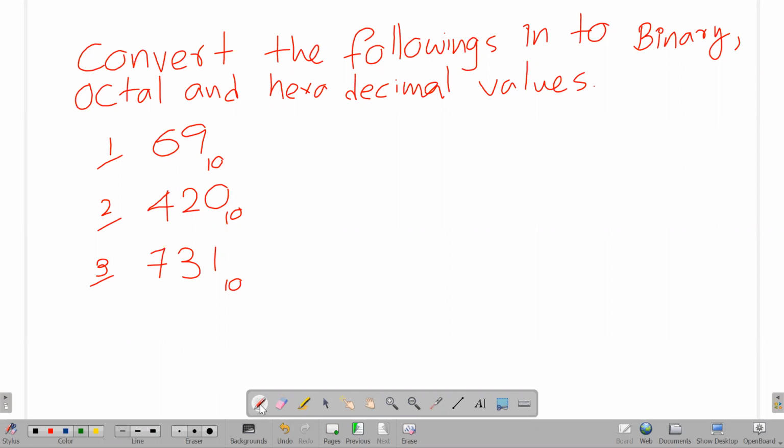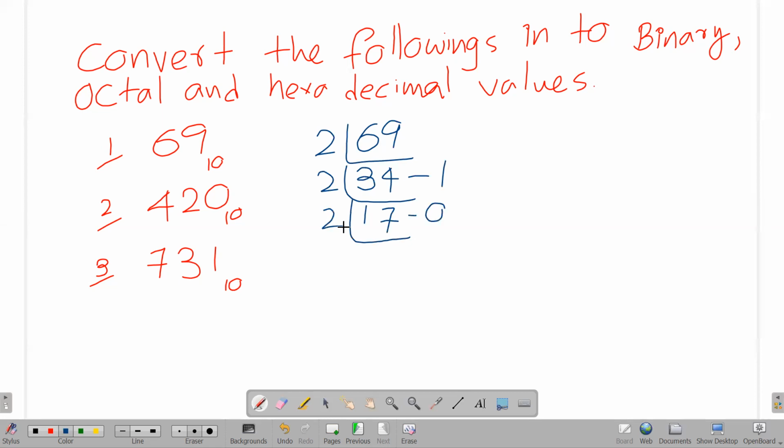Right, so I'm dividing 69 by 2. So it's going to be 34 and 1 is remaining. Again by 2, 17, 0 is remaining. Again by 2, 8, and 1 is remaining.